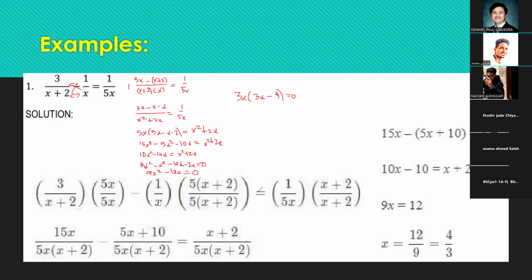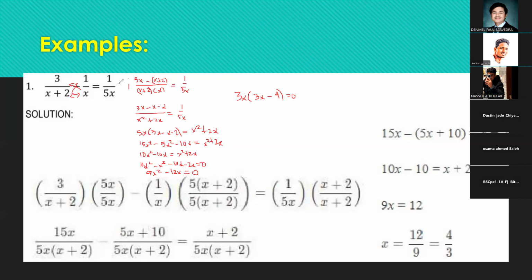Hmm, I see. I missed one thing. So I did multiply this one, okay, but again, we have to do that one on all equations. So I missed the x, the times x plus 2. Is it? Wait, let me just check.